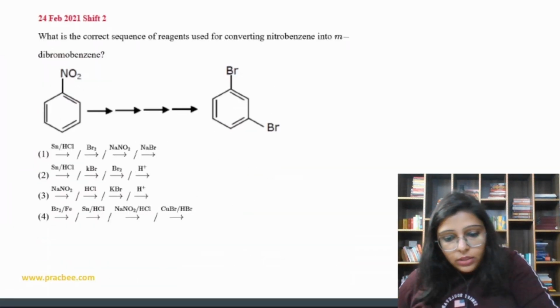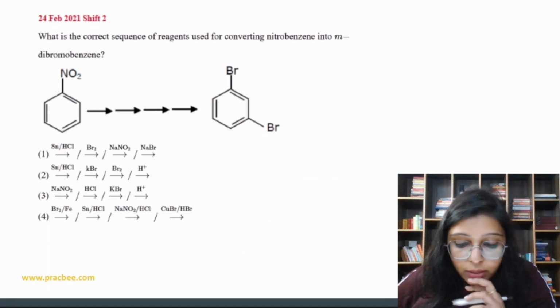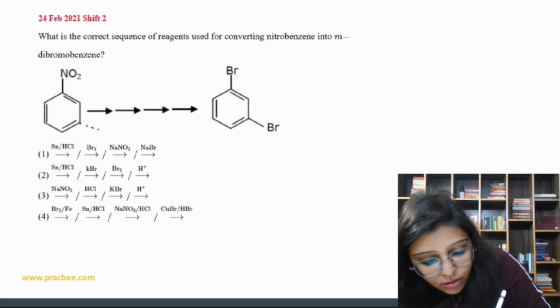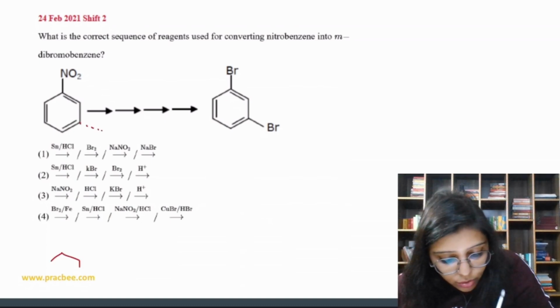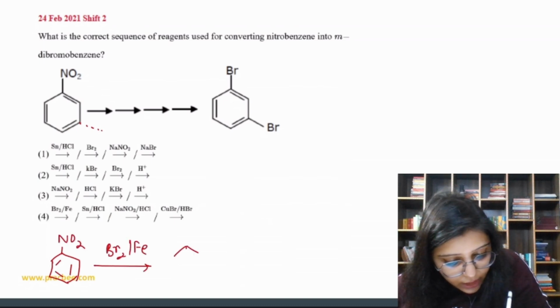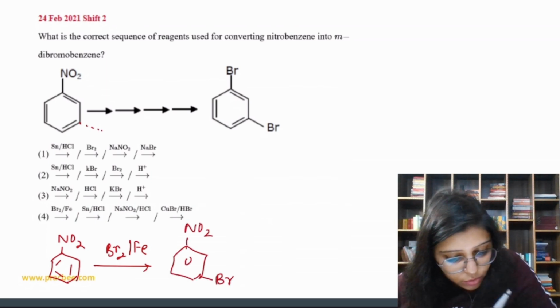Next, NO2, and we have to form this Br and Br. Okay, now here Br is over here. So first what you should do is electrophilic aromatic substitution. So if I use Br2 Fe, we get NO2 and Br on the meta position.